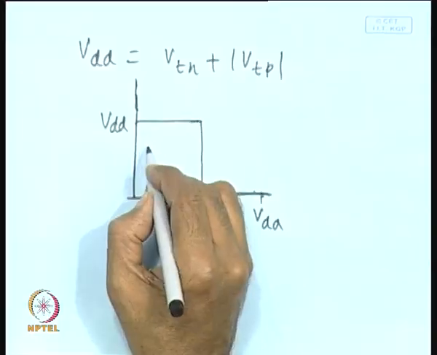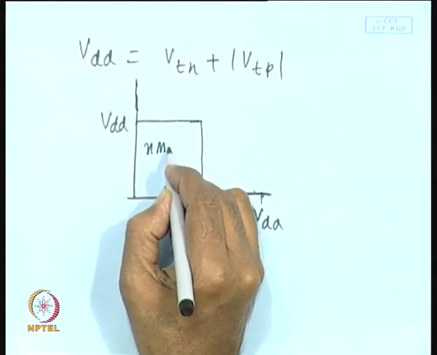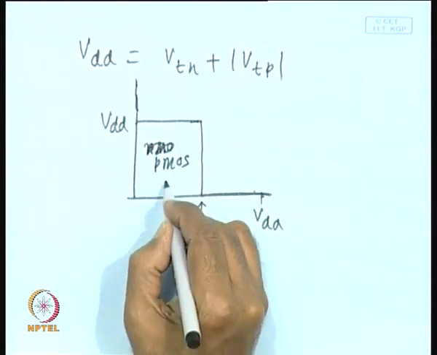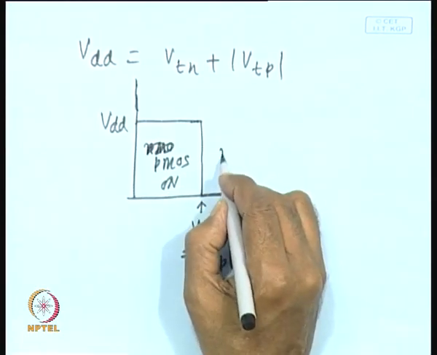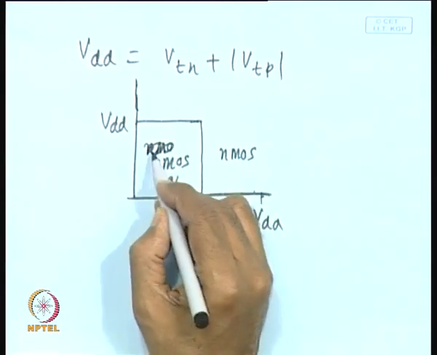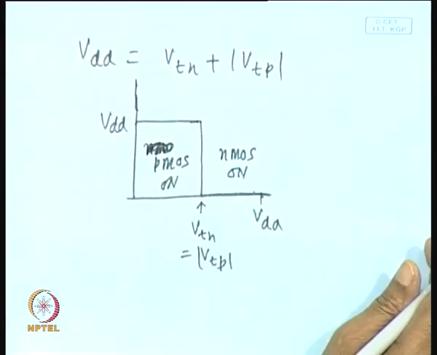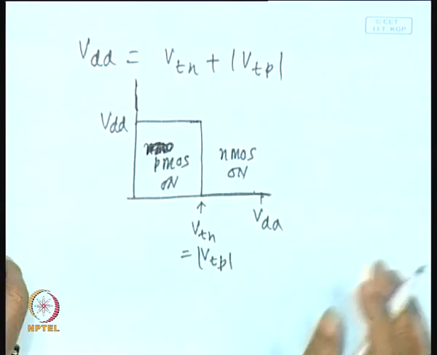Because at that point initially the NMOS transistor is on, then PMOS transistor is on, and here NMOS on. So, there is no point where both the transistors are on, and as a consequence there is no short circuit power dissipation.